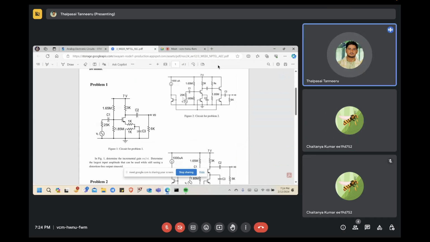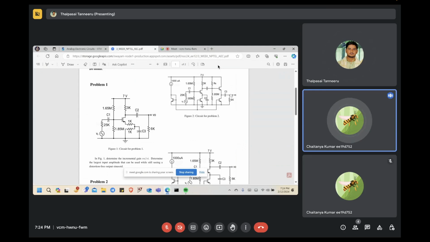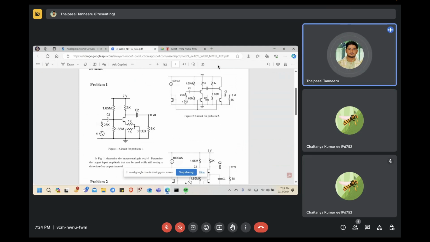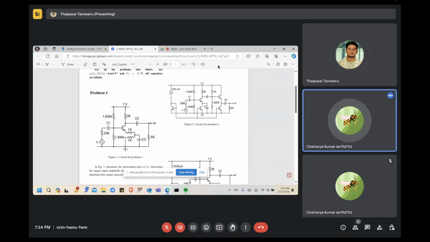Yes, sir, from here to here. Okay, so is the input going to the gate of that particular transistor? Sir, could you please write this down? Okay, just a minute. I'll give you a small hint in this. I won't say the complete answer. Yes, sir.